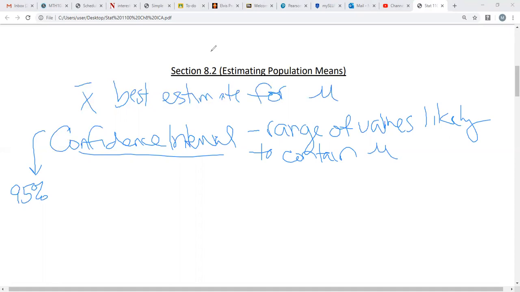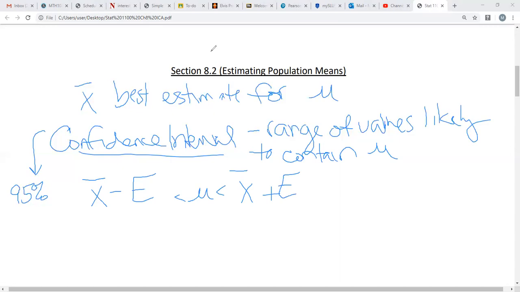Whenever we're writing this, we're going to see we're estimating our true population mean, and we're going to put it between two different values. So we're going to create an interval. So we're going to have mu between whatever our best estimate or our sample mean is, minus some margin of error. And then we're going to take that same best estimate and add the margin of error.